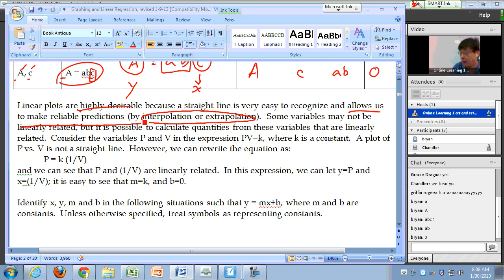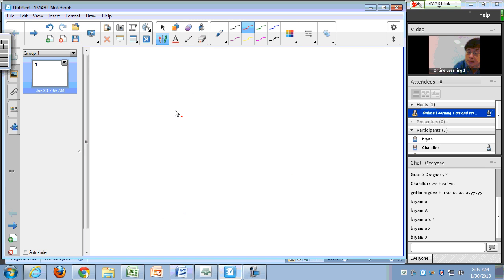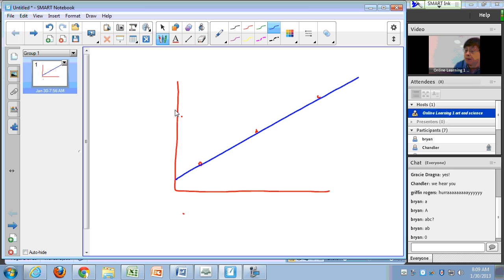Those predictions are called interpolation or extrapolation. So for example, if I have a line, let's say that looks like this, and this is my best fit line. Although I may have only taken these data points right here, this is x and this is y, and I've only got 1, 2, 3, 4, 5 data points, I can make a prediction.